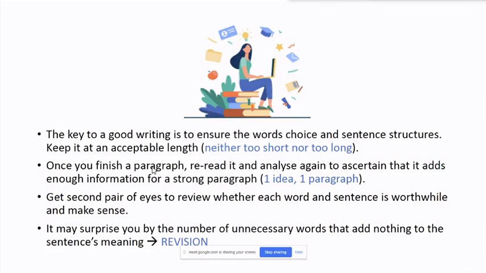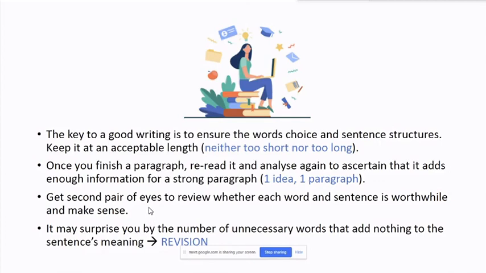Now, when writing, we can often get blindsided or unaware of our own mistakes, because sometimes when you engulf yourself in your writing and your paper, we fail to see any error anymore.